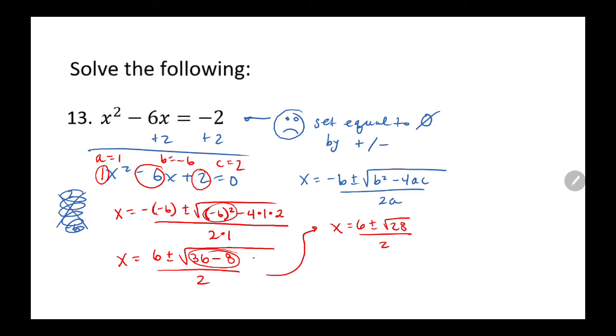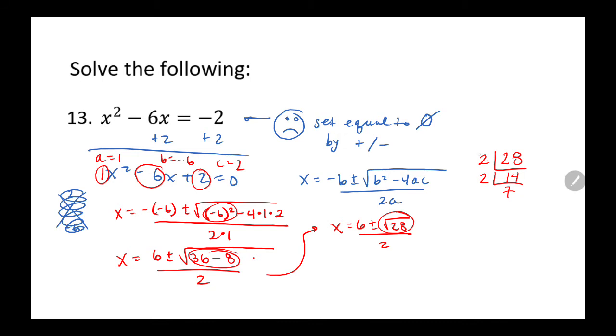And as we continue to simplify, it becomes necessary now for us to break down this radical. So whatever method you use, go for it. I want you to simplify it all the way. So what goes into 28? Well, 2 goes in 14 times. 2 goes in again 7 times. And 7 doesn't break down.